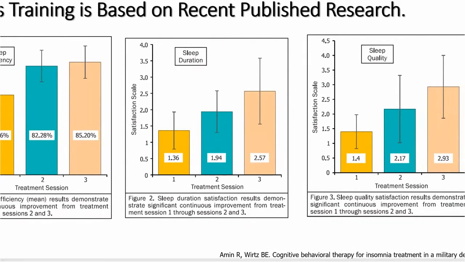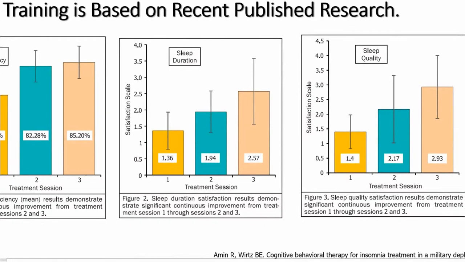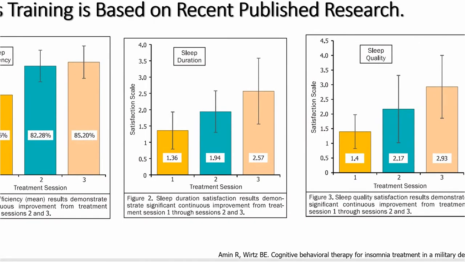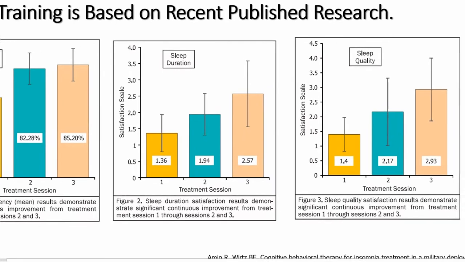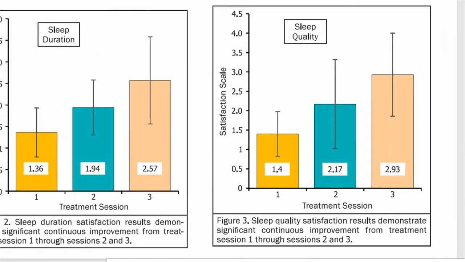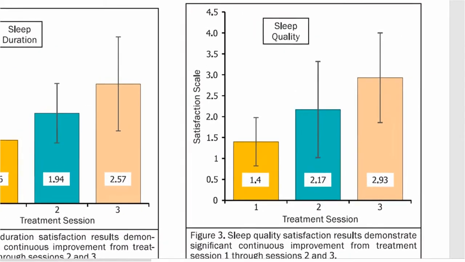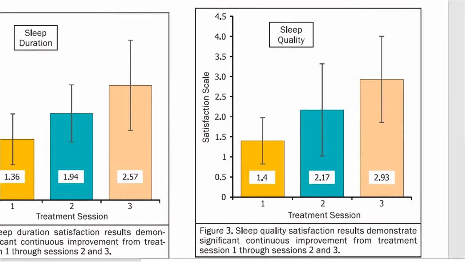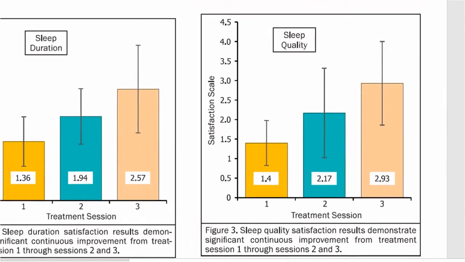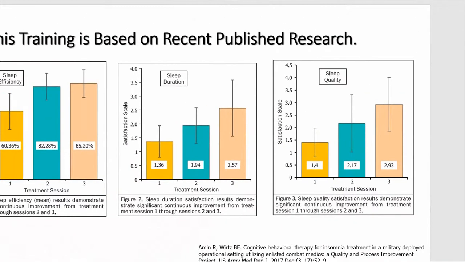Sleep duration improved in terms of satisfaction with sleep duration, right? Look at that, it goes from 1.36 on a scale of 1 through 5, so pretty low satisfaction, and it goes up significantly. These are all statistically significant. And then finally, sleep quality also significantly improves between session 1, 2, and 3.